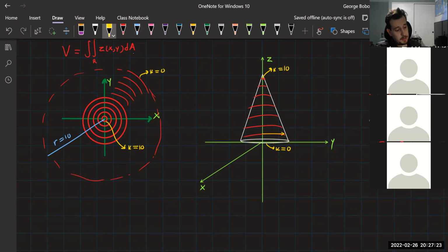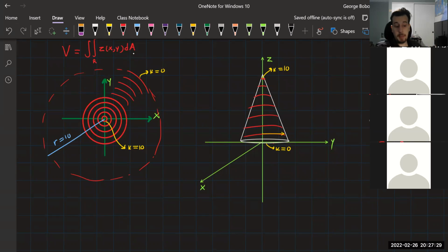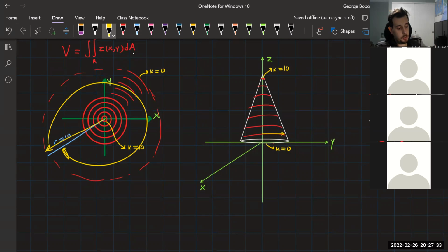So the integrand, this is it. That's what we need to span. To span it, we move r from 0 to 10, and we rotate it from 0 to 2 pi all the time while we're doing so. f of x y gives us the volume of the cone eventually. It's the area of the level curves.